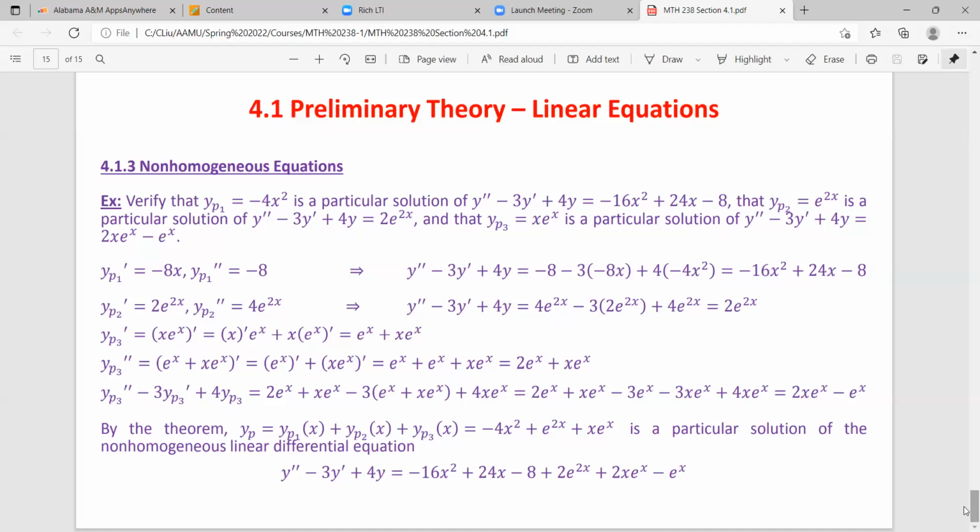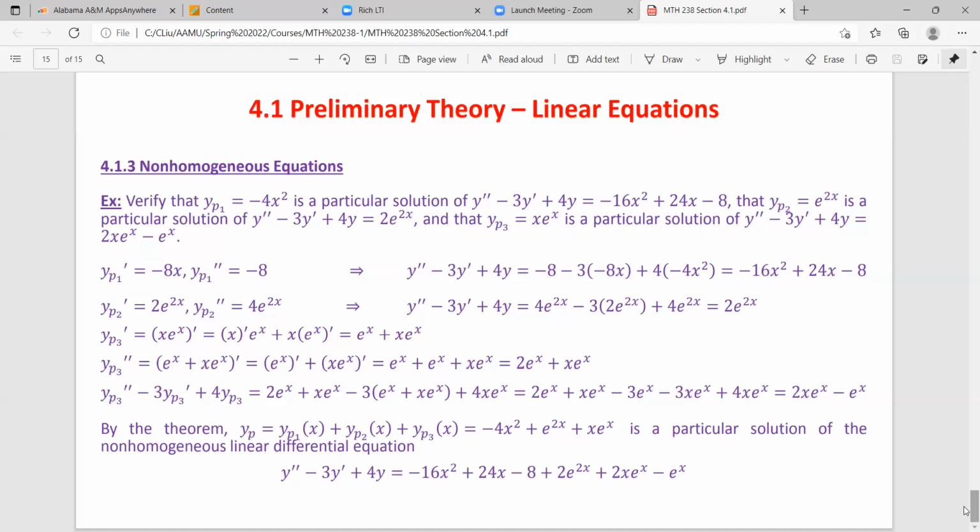And if you multiply all those terms and rearrange the terms in descending powers, you're going to get negative 16x squared plus 24x minus 8. 4 times negative 4 is negative 16, and negative 3 times negative 8 is positive 24. So this is indeed the right-hand side of the first differential equation.